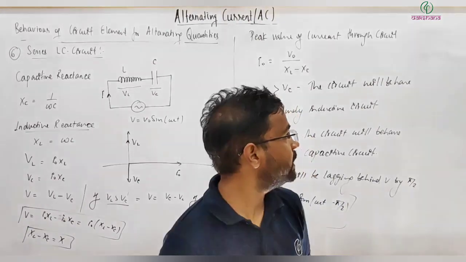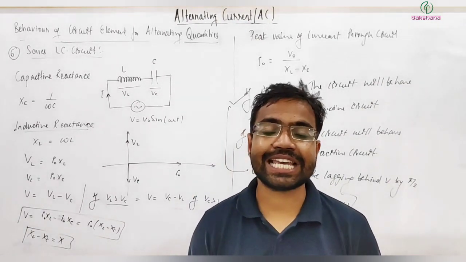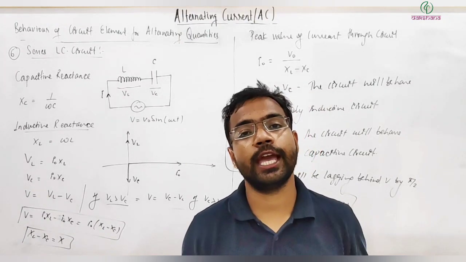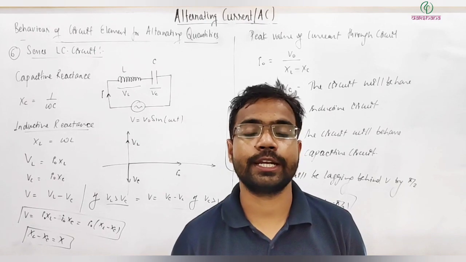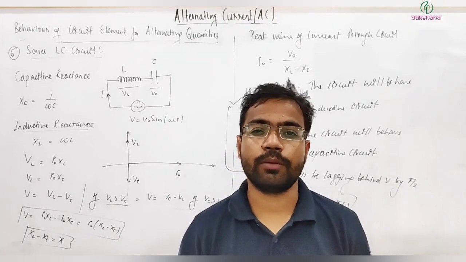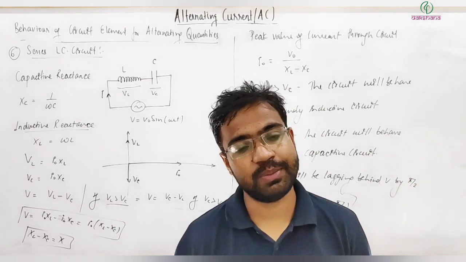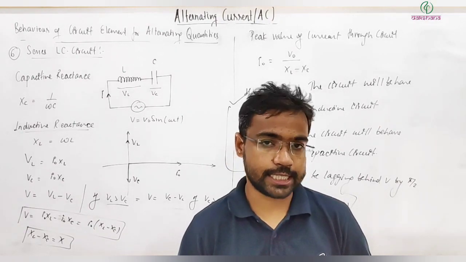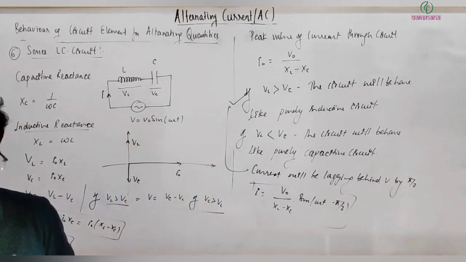Here we are left with one more thing. Before going for the series LCR circuit, when all three elements are connected in series, I will also talk about the case when all three elements are connected in parallel. In that situation, how we calculate current and potential drop across each element, and before that I need to calculate power dissipated in an AC circuit. So let me first talk about that after this.